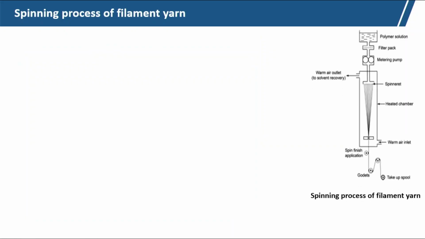Now, for the spinning process, there are different types of spinning: melt spinning, dry spinning, wet spinning, gel spinning. In filament spinning, the basic equipment required is a spinneret, through which the polymer solution, in molten form or in solution form, passes and forms the continuous filament.